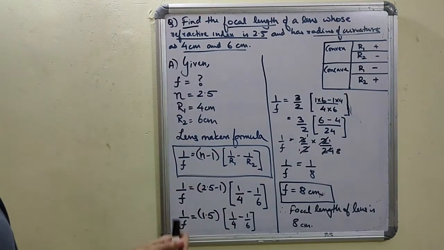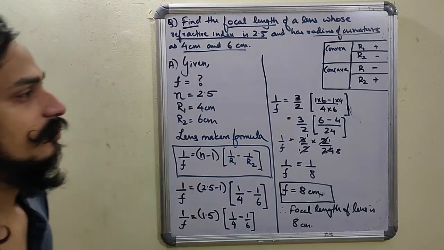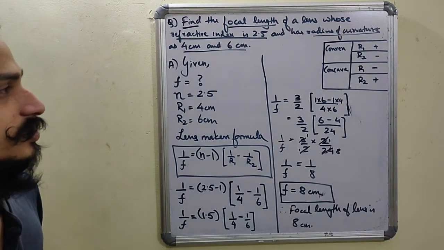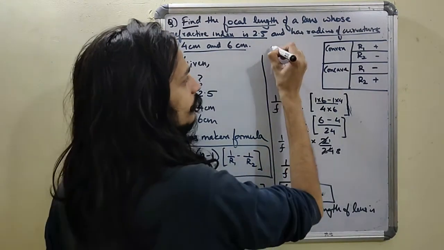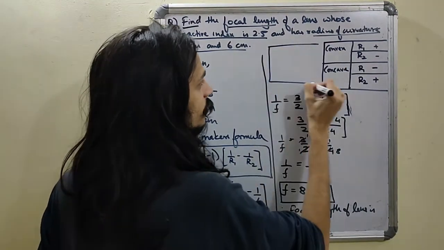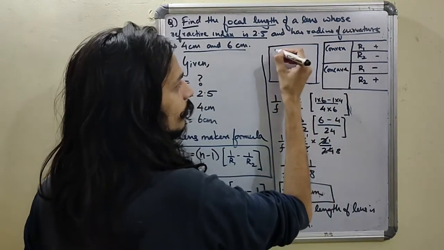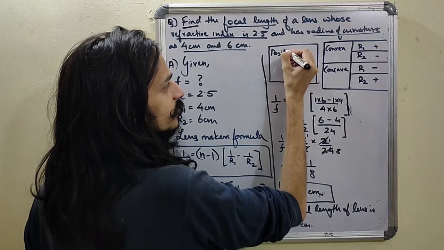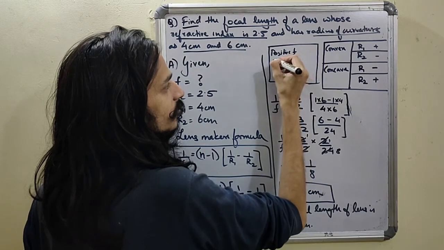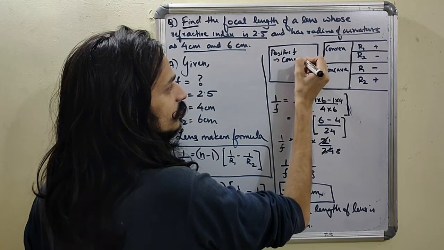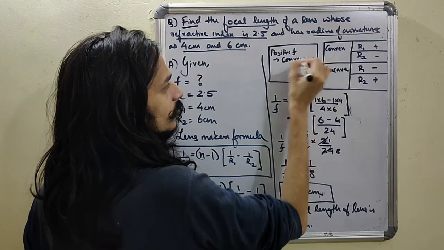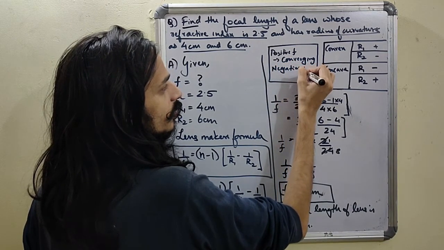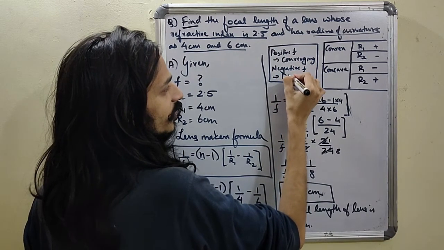It's not really asked in the question, but something that you can understand from it. I'll just write here, just for a note: positive f is converging, negative f is diverging.